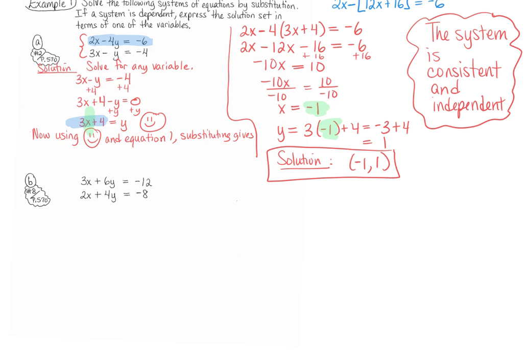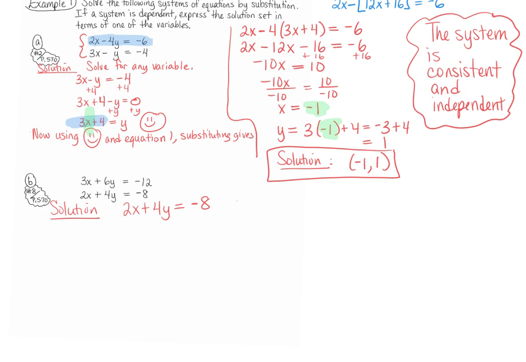Okay? You said choose equation 2, so that's what we'll do. So, equation 2, what variable do you want to solve for? X, okay. So we have 2x plus 4y equals -8. If we're solving for x, that means we want to get x by itself.